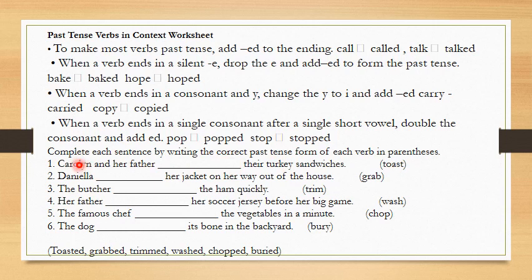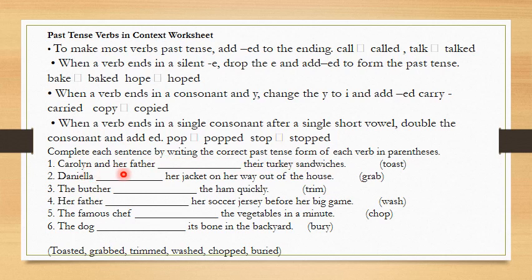Now statement number 1 is, Caroline and her father (toast) their turkey sandwiches. So what can be the answer? Think of the second form of the verb toast. So the right answer can be, Caroline and her father toasted their turkey sandwiches.